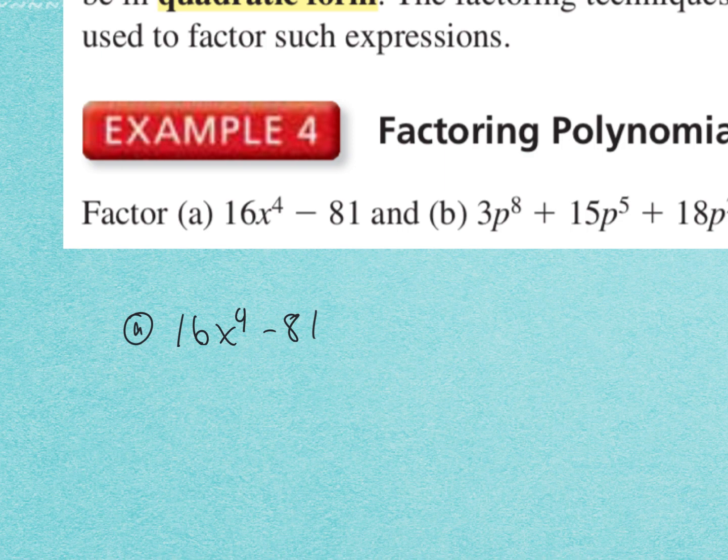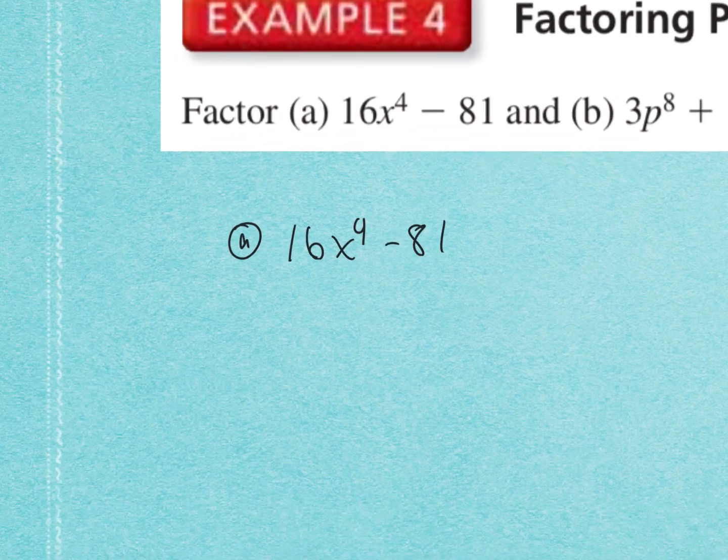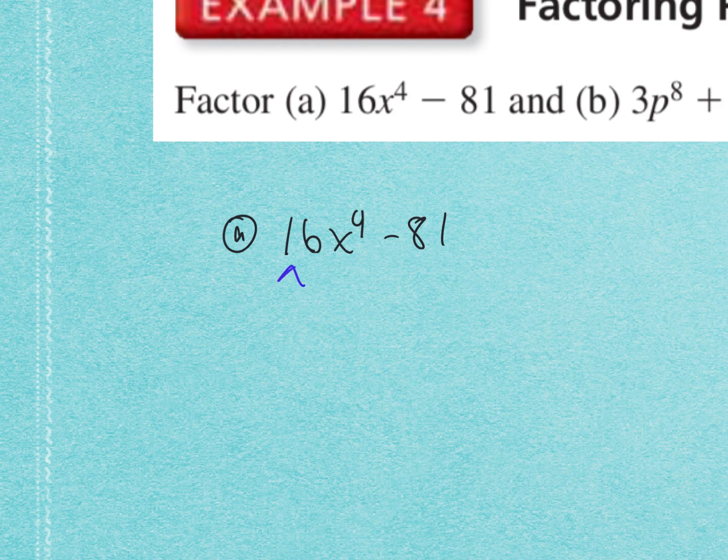No. Shoot. Now what? What do you notice about 16, x to the 4th, and 81? Are they all perfect squares? Yeah, they are. What times what is 16? 4 and 4. What times what is x to the 4th? X squared, good. And what times what is 81? 9 and 9.